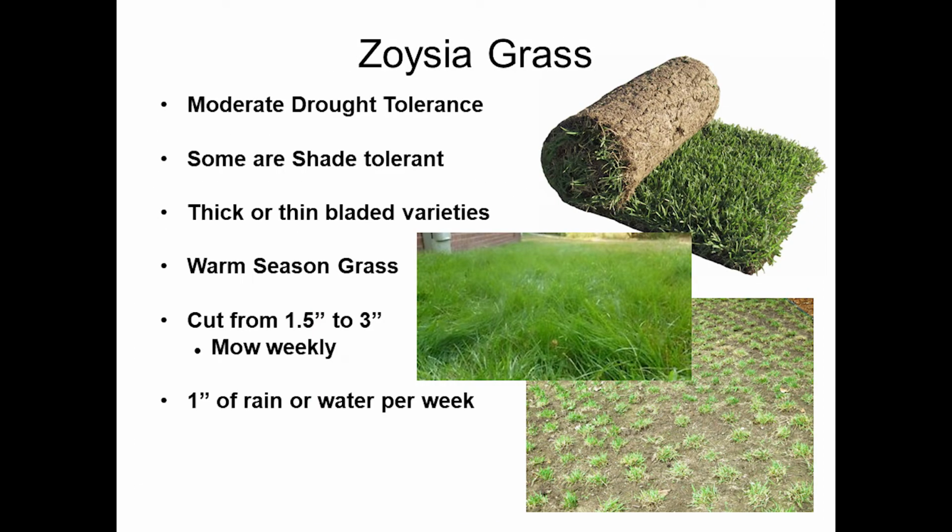Zoysia grass. Zoysia grass was actually designed to be planted on golf courses because everybody wants an area that has high traffic. It's a grass that can take high traffic, either in golf carts and people walking on it, people abusing it with golf clubs and having to replace the divots.